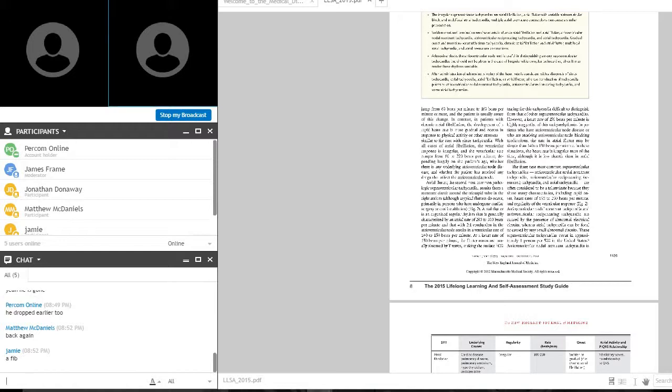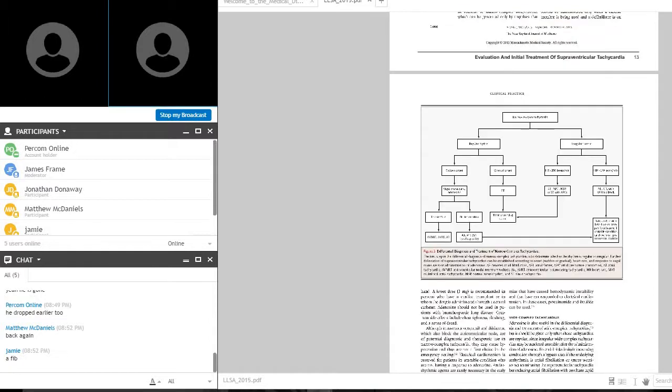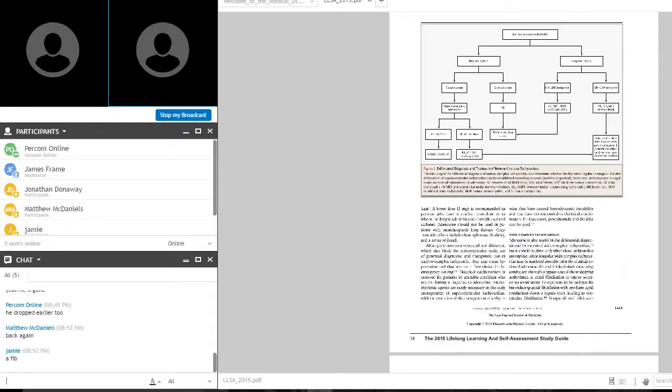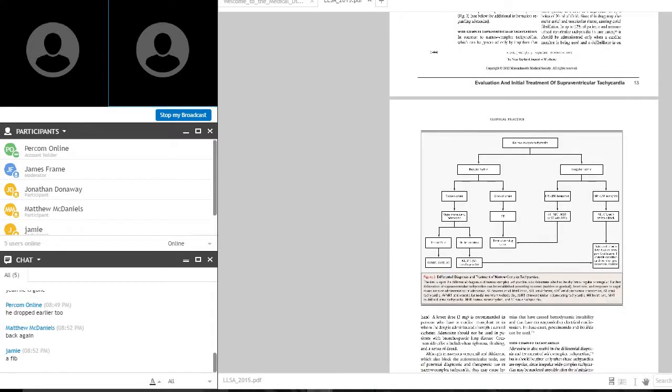The subject of our next conversation next week is going to be the paper that I'm going to send to Jane. She's going to distribute it to all of you. It is about evaluating the person who has supraventricular tachycardia. And your algorithm, if you've got shared screen on right now, really comes down to: is it narrow complex or wide complex?